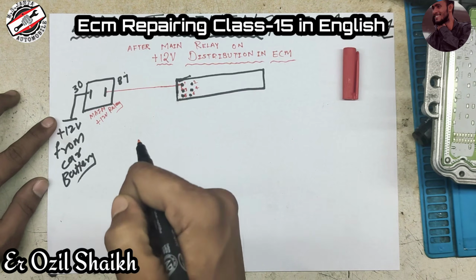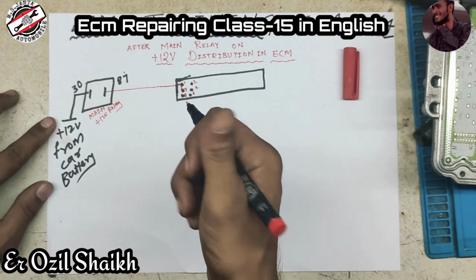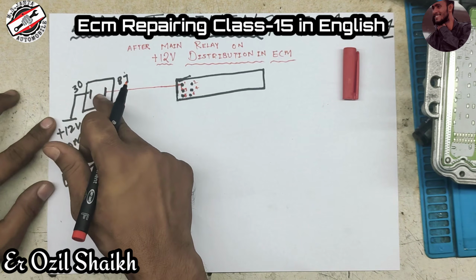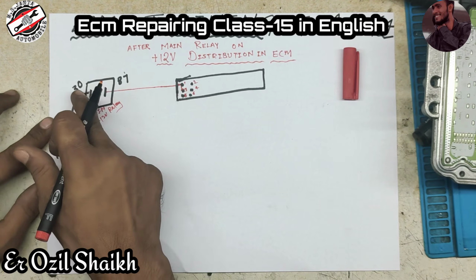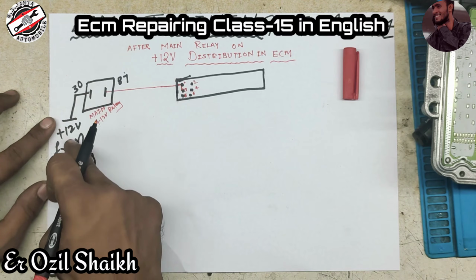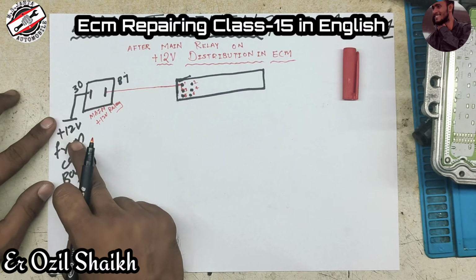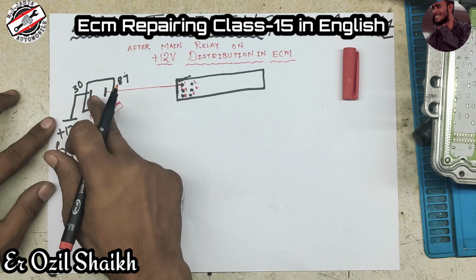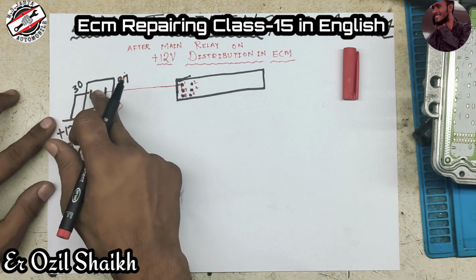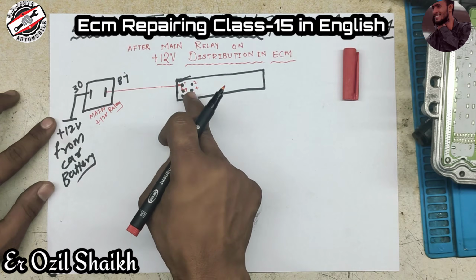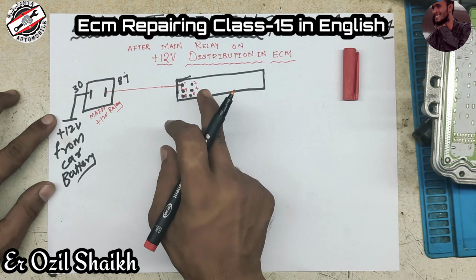As you know, every company has different pinouts. Sometimes relay pin number 30 connects to ECM pins 1 and 3, and 87 connects to 12 volts.